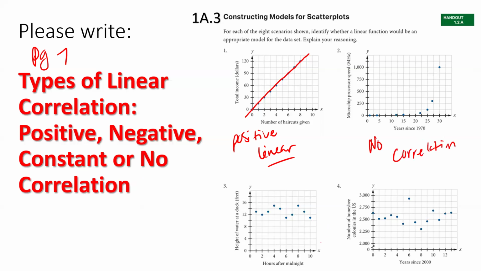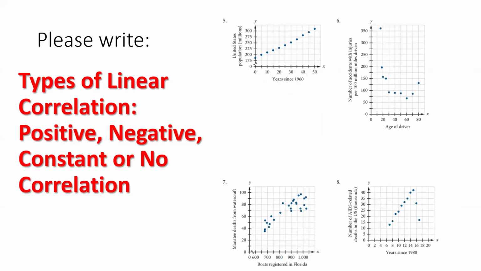Okay, what about 3? What do we put? Good job, constant, because the values are roughly staying in the same area. All right, 4. None. These are no correlation. Awesome. All right, let's flip it. 5.